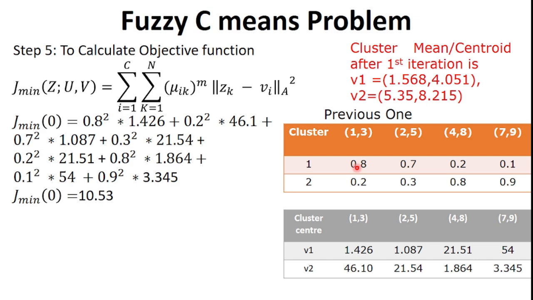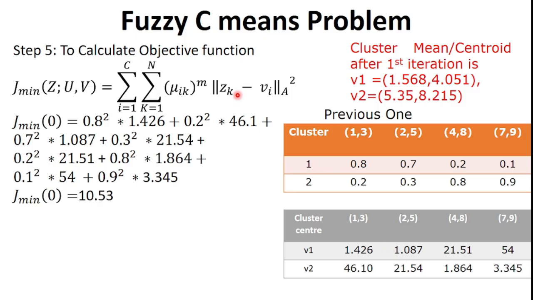Now we can go with the initial assumed membership value. So you will get 0.8 square into 1.426 plus 0.2 square into 46.1 plus 0.7 square into 1.087.